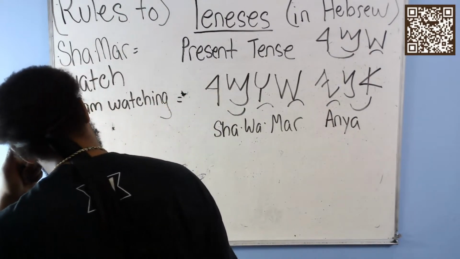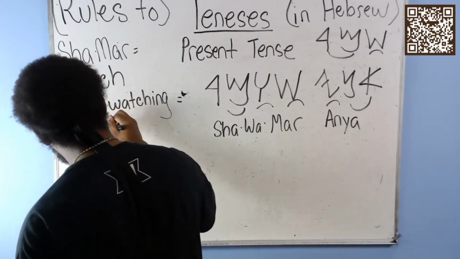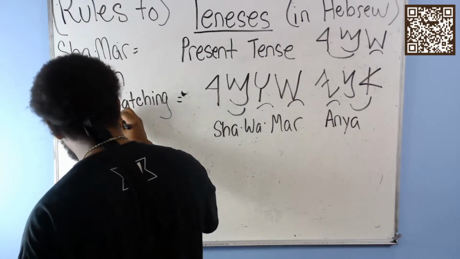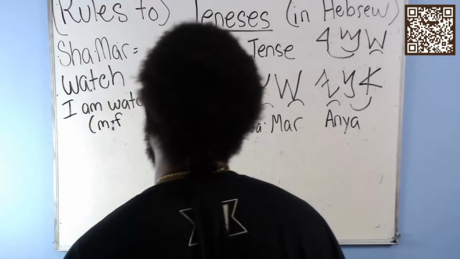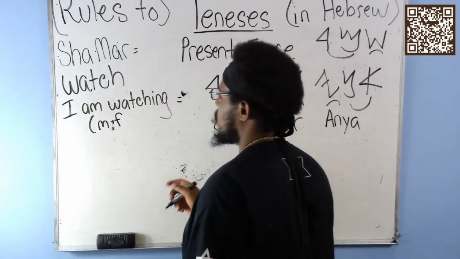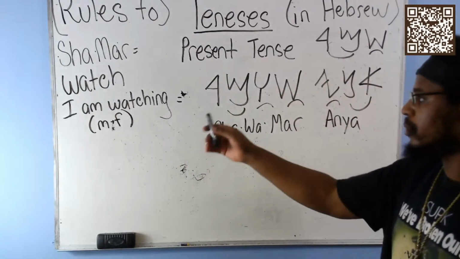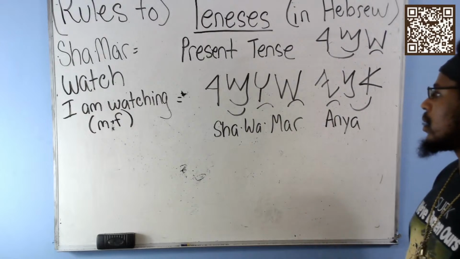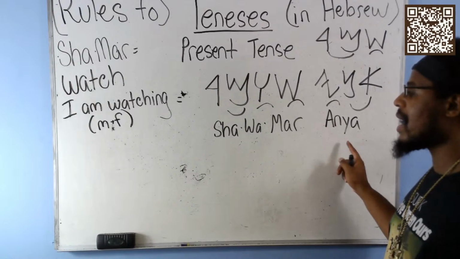It's first person, masculine or feminine, singular in the present tense. I am watching. YAHUAH. Yah means I or I am.